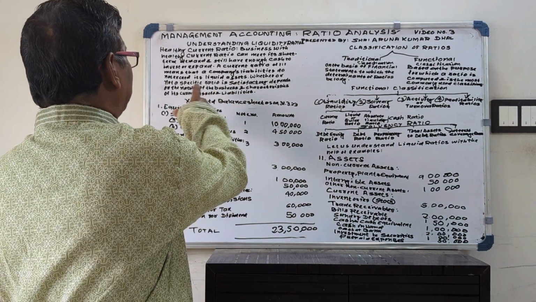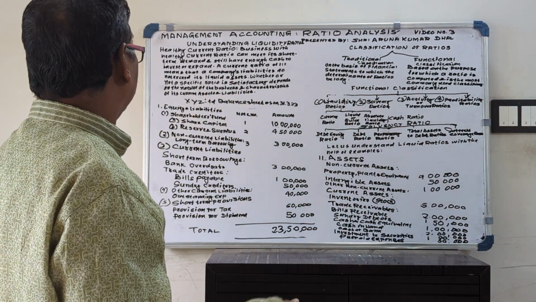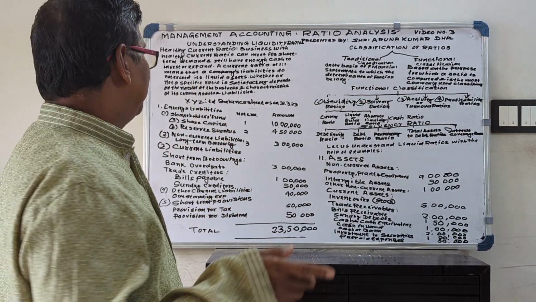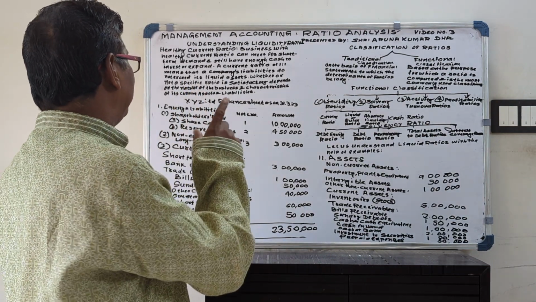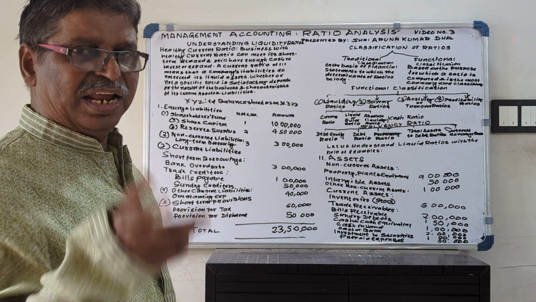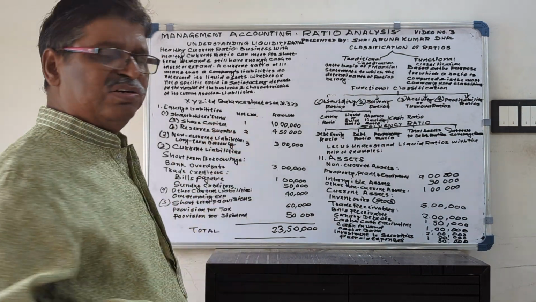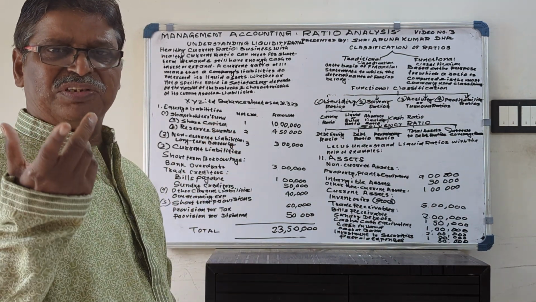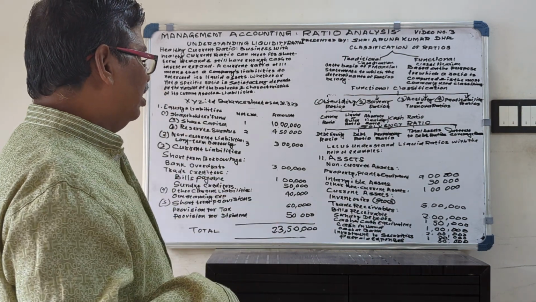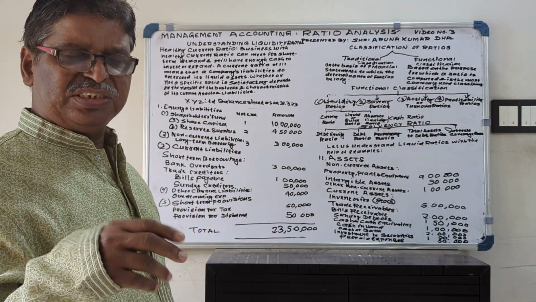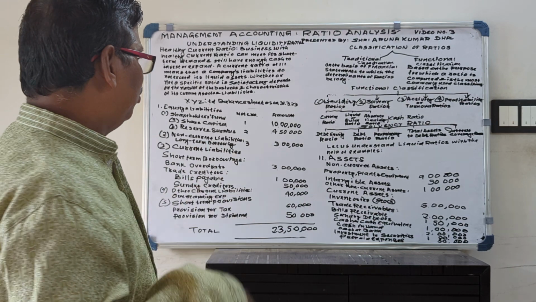Whether a specific ratio is satisfactory depends on the nature of the business and characteristics of current assets and liabilities. Generally, banks take 1.33:1. In some cases, we consider 1:1 also.